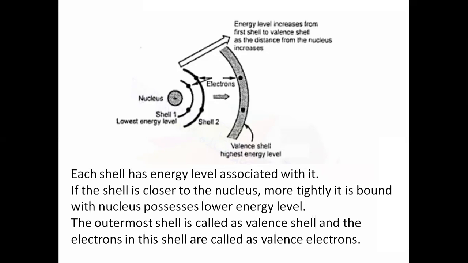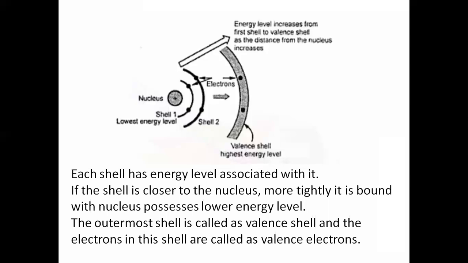In the nucleus we have neutrons and protons; protons are positively charged carriers, neutrons are electrically neutral, whereas electrons are negatively charged. The electrons are placed at different orbits, and each orbit is considered to have a certain energy level.